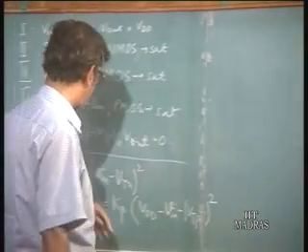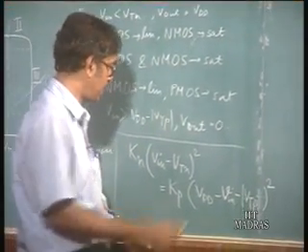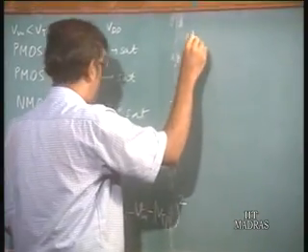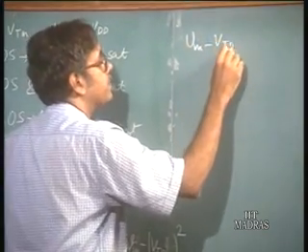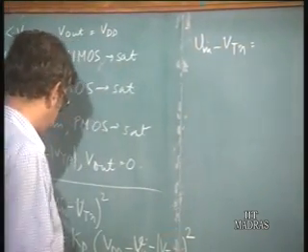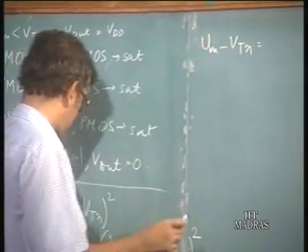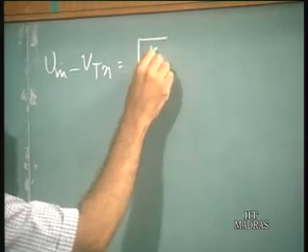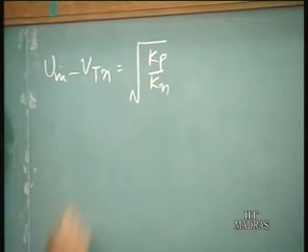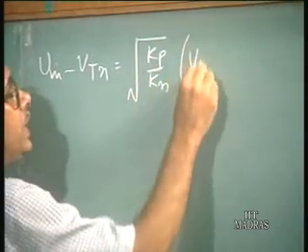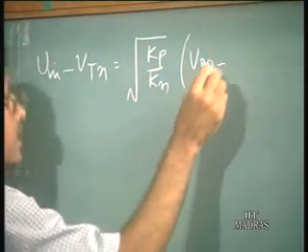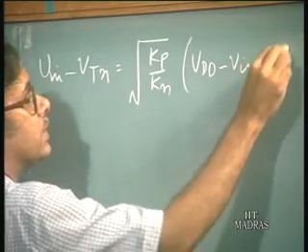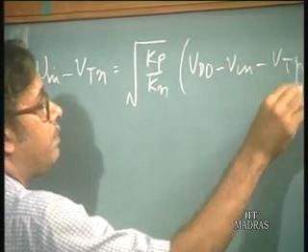Now, we can solve this equation. So, what do we get? Vin minus Vtn is equal to root of Kp by Kn times (VDD minus Vin minus VTP).